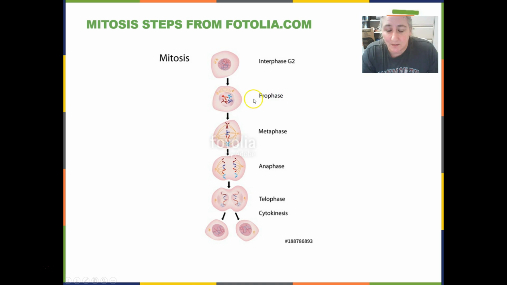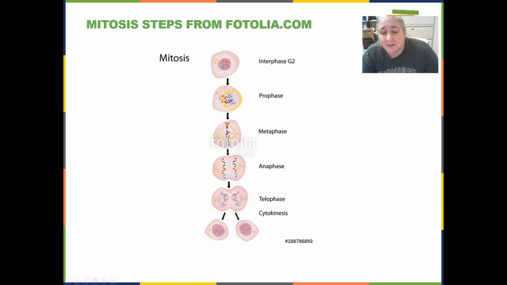So we go into prophase. Prophase is the first step of mitosis. During prophase, chromosomes are going to condense, and spindle fibers are going to form from these centrioles. So centrioles move to the opposite poles, spindle fibers form, and they're going to attach at the centromeres, to those kinetochores.